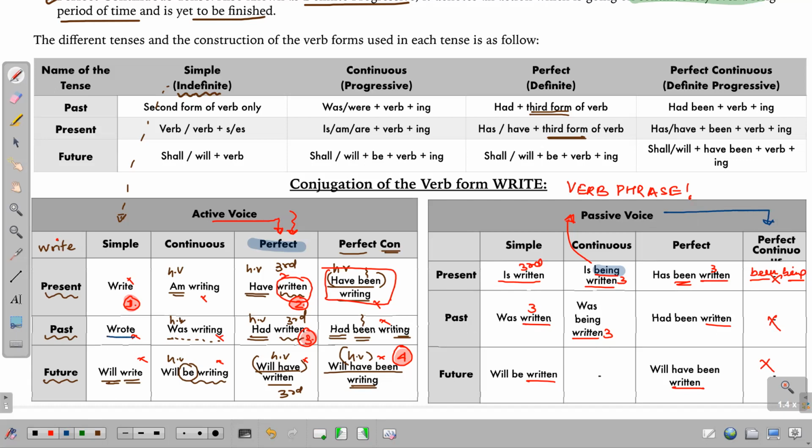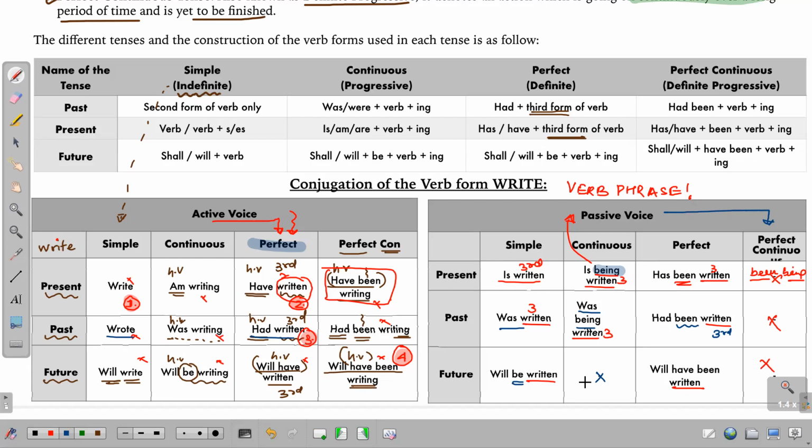Now let's change. I wrote, the book was written. I was writing, the book was being written by me. I had written, the book had been written. Okay, I will write, the book will be written. There is no passive of the future continuous in this case, because the passive will again split the existence into two.